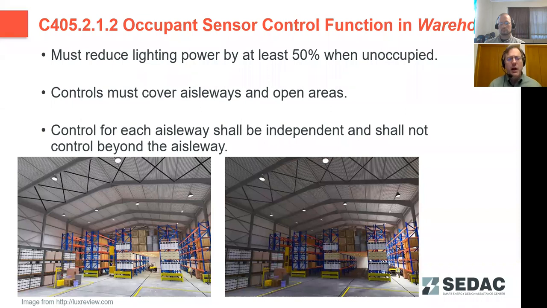And each aisleway needs to be independent of each other, which is again bringing logic into this, in that if someone's in one aisle picking an order, they don't need the lights on in the aisle adjacent to them because they're not picking items there. So with warehouses, it's calling for a 50% reduction in lighting power at least.